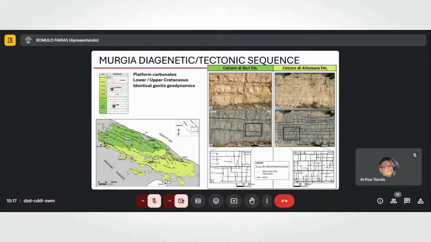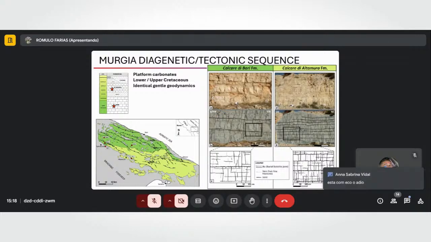The third example now is Murgia. So in Murgia, we have outcrops of lower Cretaceous, just topped by outcrops in upper Cretaceous. The facies are identical. They are close together, so they had about the same geodynamic history.